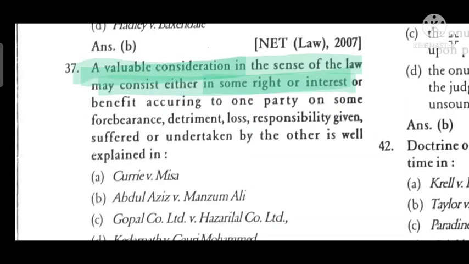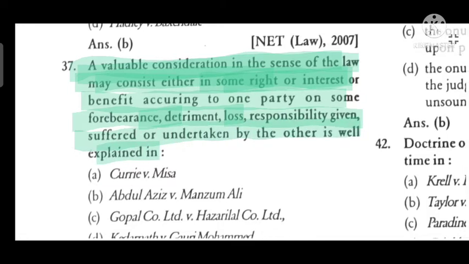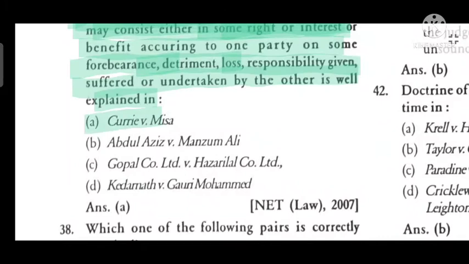A valuable consideration in the sense of the law may consist either in some right or interest or benefit accruing to one party, or some forbearance, detriment, loss, or responsibility given, suffered or undertaken by the other. This is well explained in the case of Currie versus Misa.